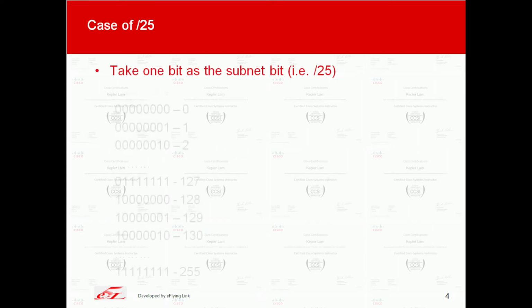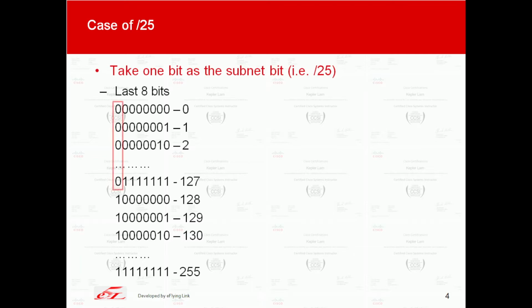Let's discuss the case of /25 first. That means we borrow 1 bit from the host part. The highest bit of the host part can just vary from 0 to 1. That means it divides into 2 different portions, or 2 different subnets.